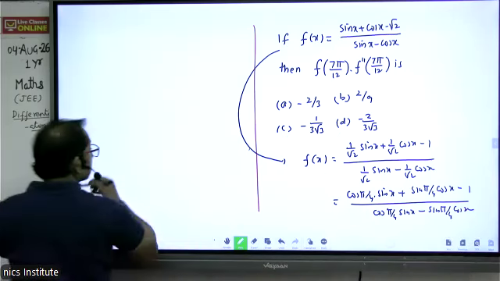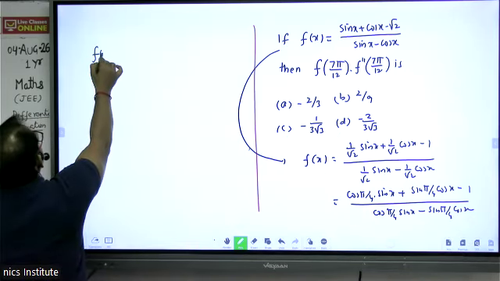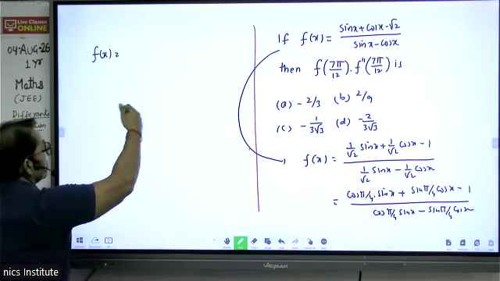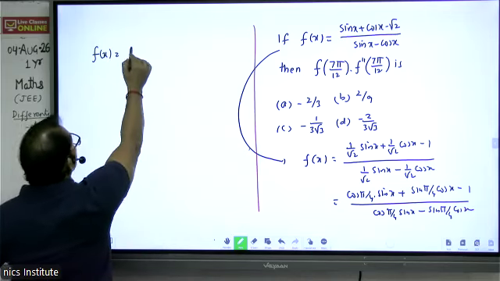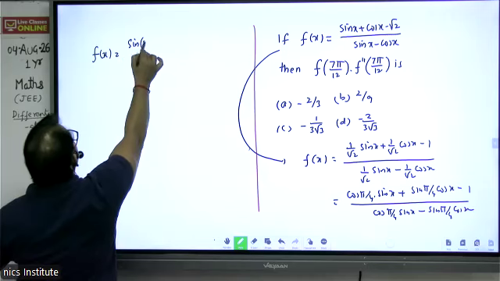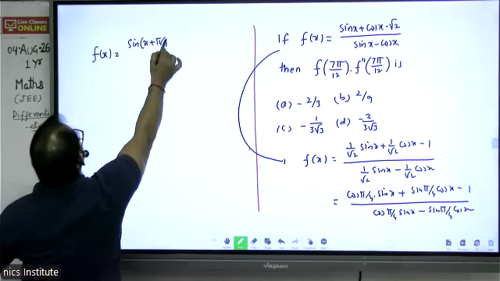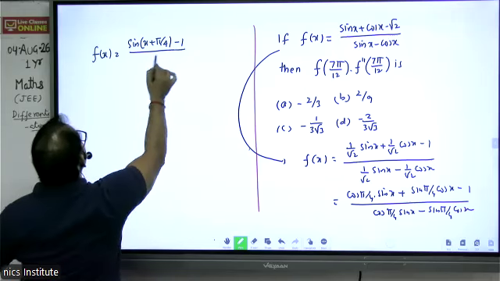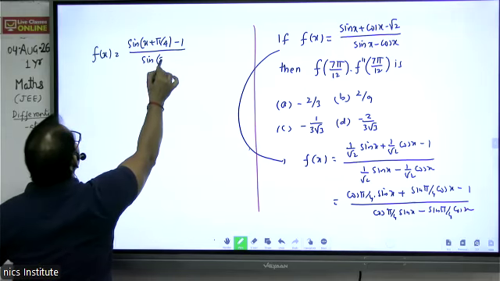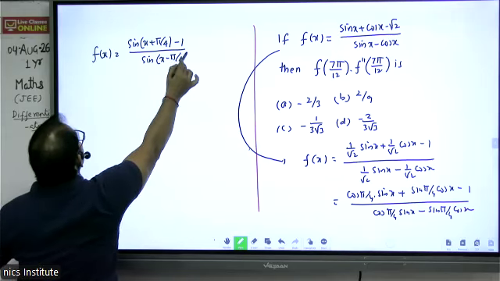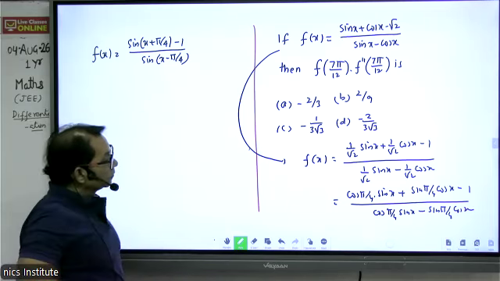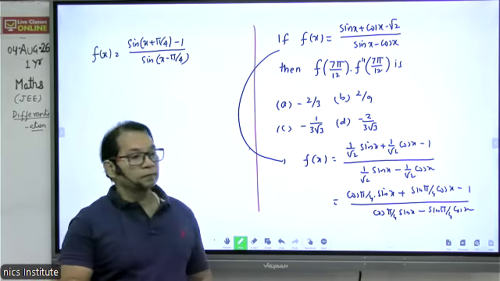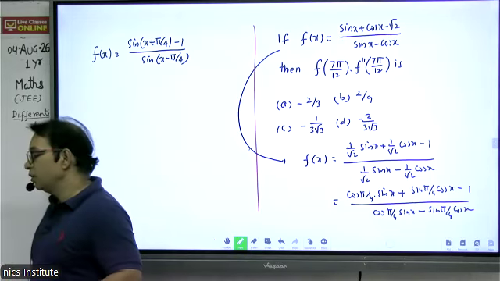So this will reduce the terms. Or if you want to do it, you can do it directly also, but like little longer. Now you can differentiate.